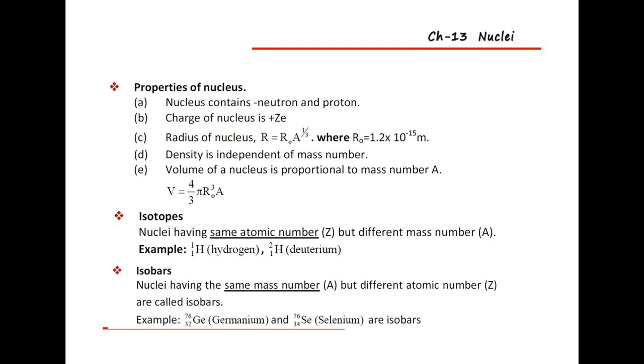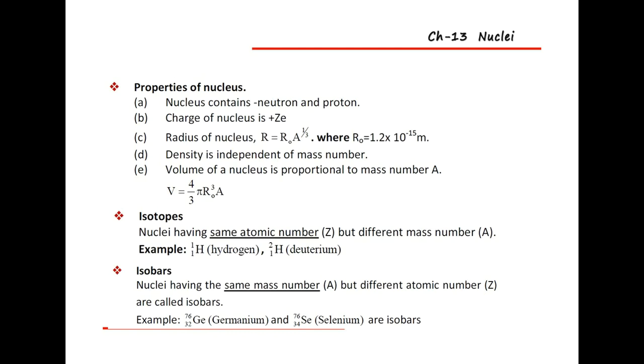Then we'll see the properties of nucleus. The first one is that the nucleus contains neutrons and protons. It has the charge of nucleus as plus Ze, where Z is the atomic number.